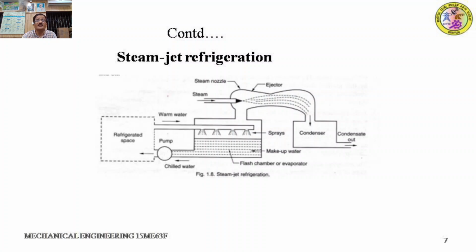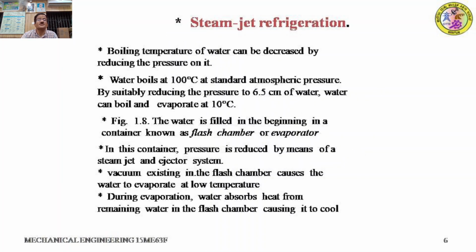On the other hand, the water particles below that layer, the top surface will be chilled, and some water particles escape along with the steam particles, and they enter into the condenser where steam is cooled down before letting it off to the surrounding. So in this way this system works, and you can get the cooling effect.